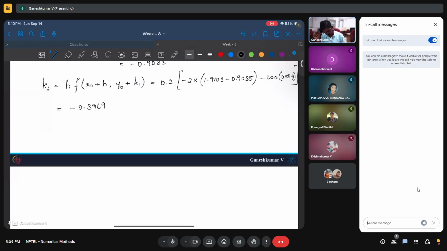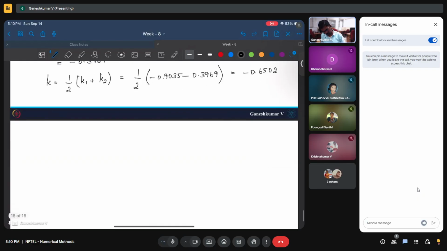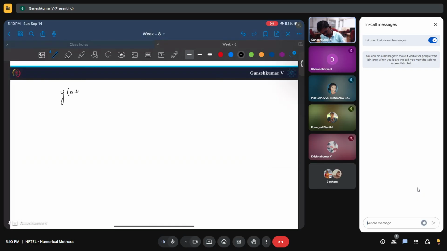Now let's find K. K is half of K1 plus K2, which is half of minus 0.9035 minus 0.3969, which is minus 0.6502. Now your y of 0.4, which is equal to y2, is equal to 1.